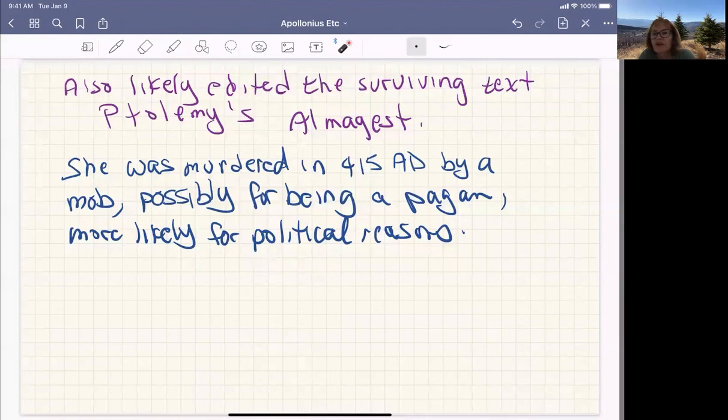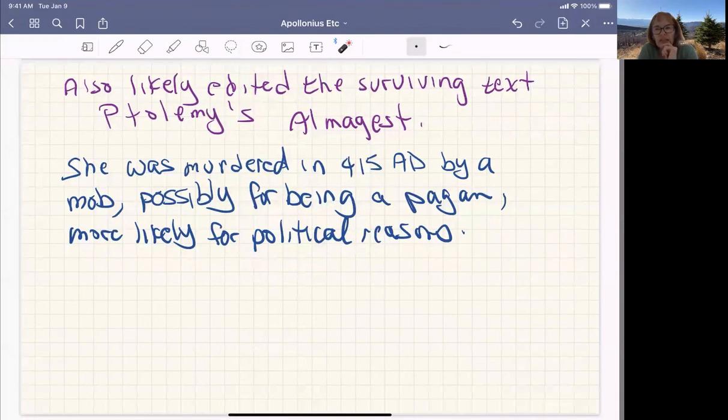So in other words, the version that we know today is her version of it, the version that was edited by her. Now, her story actually came to a very sad end because she was murdered in the year 415 by a mob.